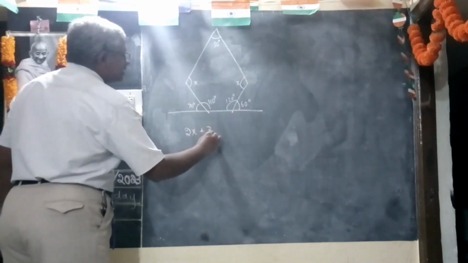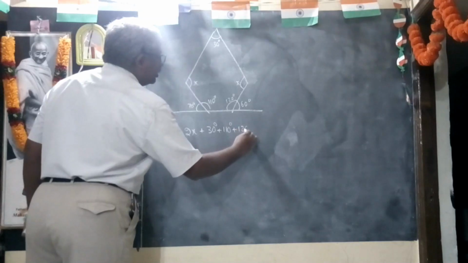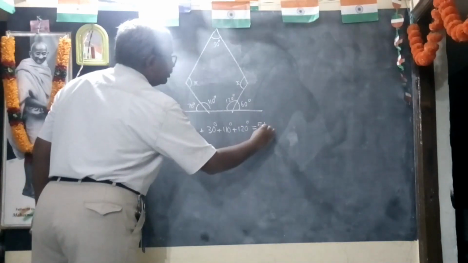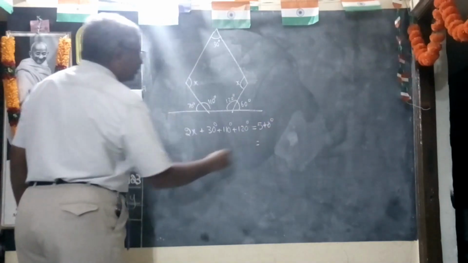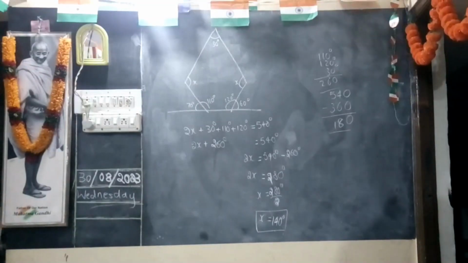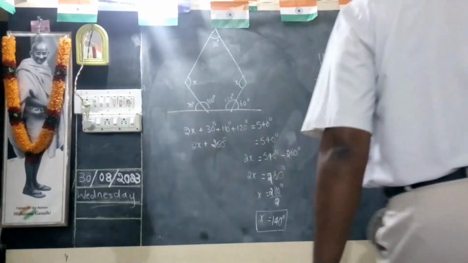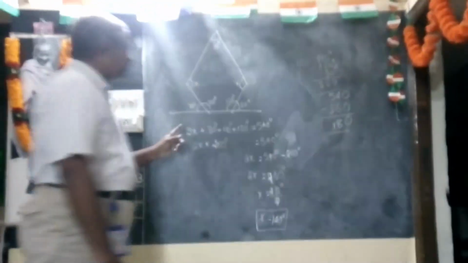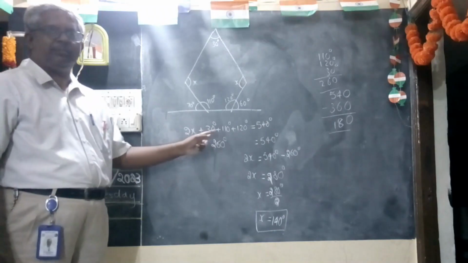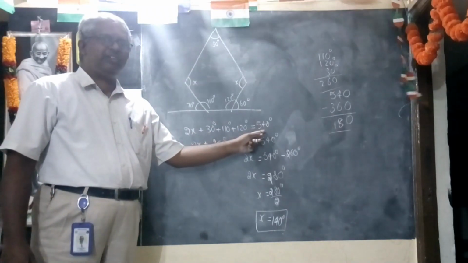2x plus 30 plus 110 plus 120 should be equal to 540 degrees. So we have completed this sum with 2x plus 30 plus 110 plus 120, where all these should sum to 540.